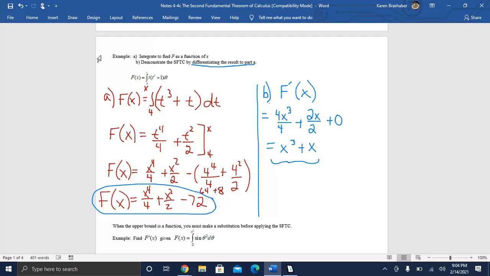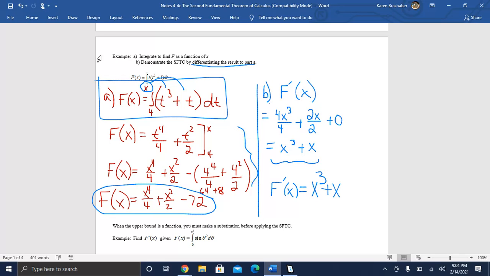Now I want you to look at this answer, that f prime is equal to x to the third plus x, and see that I could have started in part A and simply done the derivative f prime of x, substituting this into both places, and I would have had x to the third plus x without having to go all the way through and do the antiderivative first and then the derivative second.